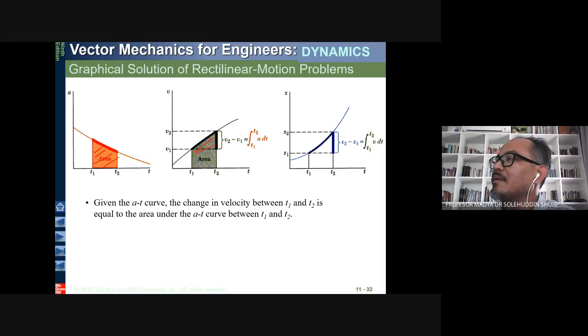This is for acceleration, this is for the velocity, and then going back reversely to find the value of x.